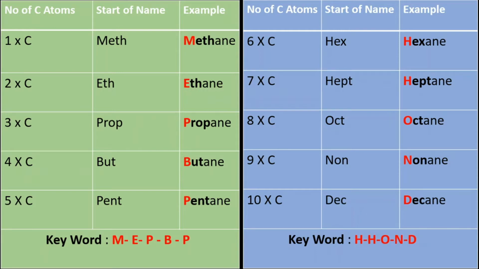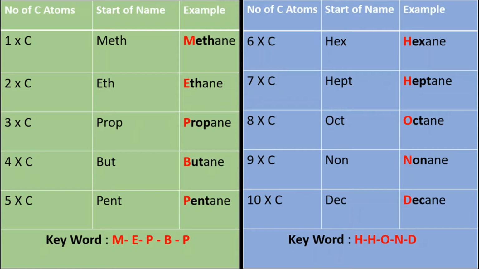In butane, we have 4 carbon atoms. That is why the name butane starts with but. So whenever we have 4 carbon atoms in an organic compound, the name will start with but.